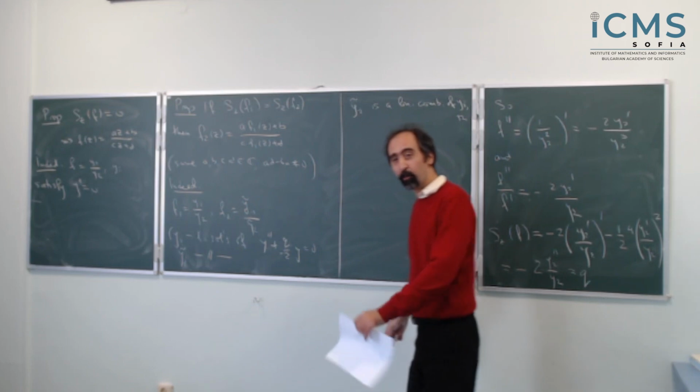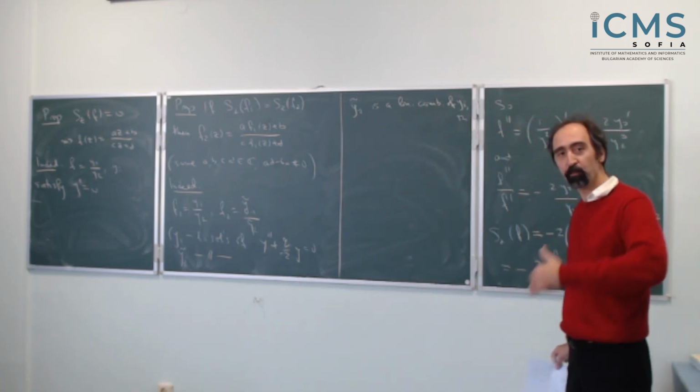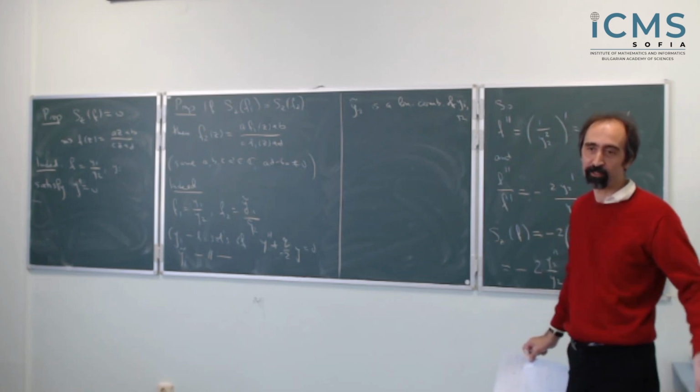Earlier, from the chain rule property of the Schwarzian, we had that if we compose f with a fractional linear map, the Schwarzian doesn't change.